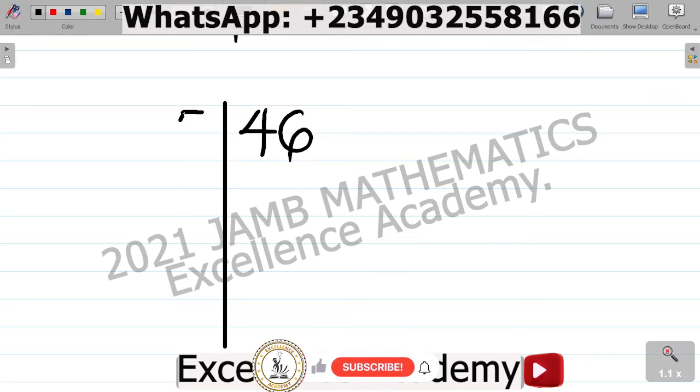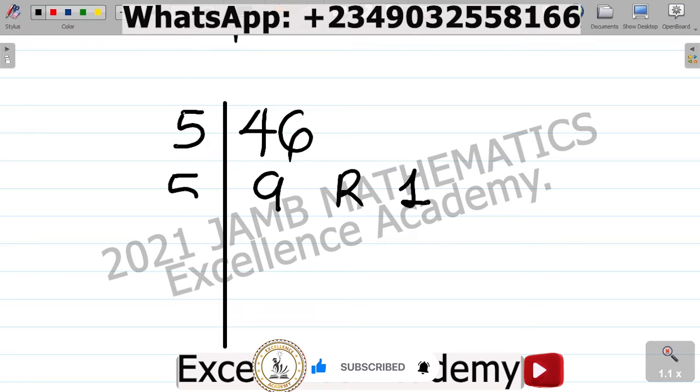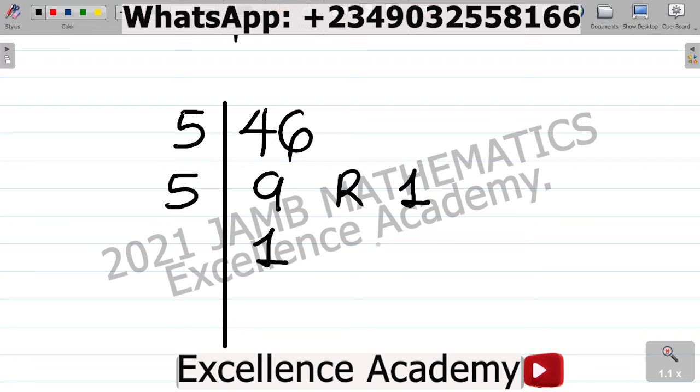If I divide this by 5, 46 divided by 5, you have 9, which is 45, remainder 1. 9 divided by 5, you have 1, which will give you 5. Of course, 1 times 5 is 5. So 9 minus 5 gives you 4. So the remainder there is 4. And of course, for this, take 5 here. This is 0, remainder 1.